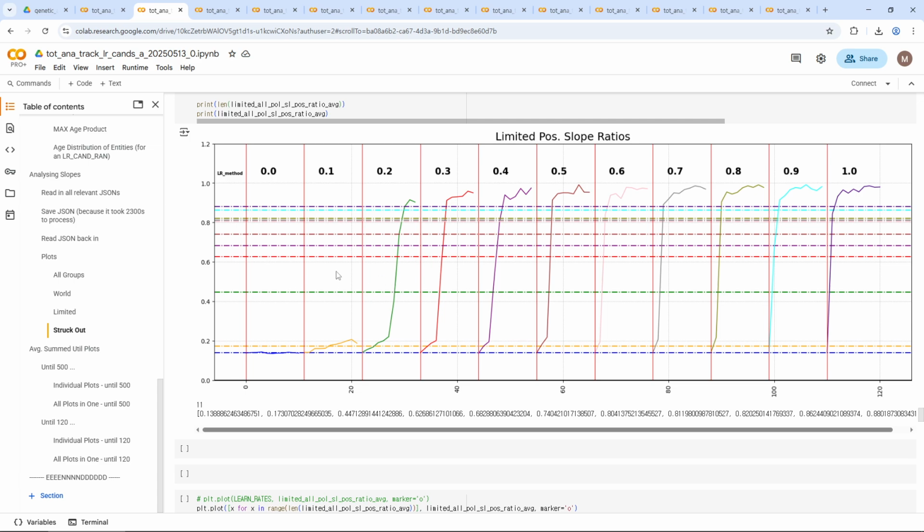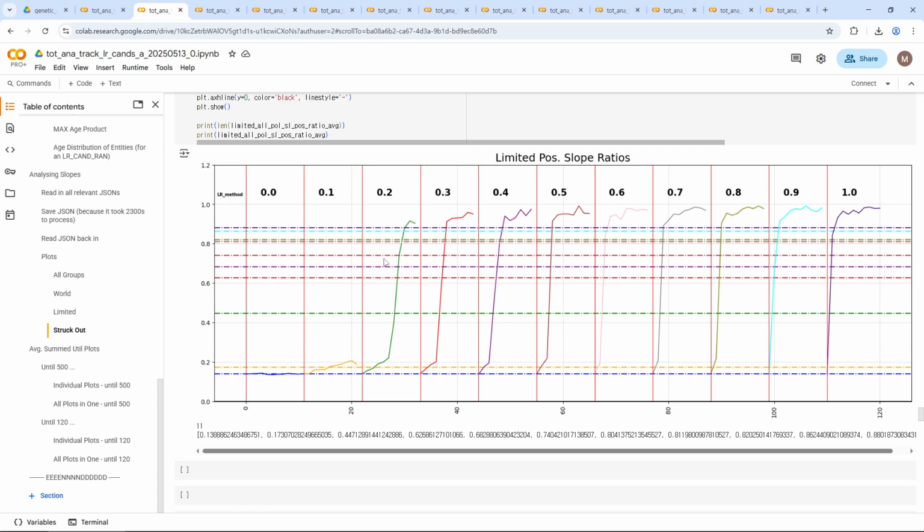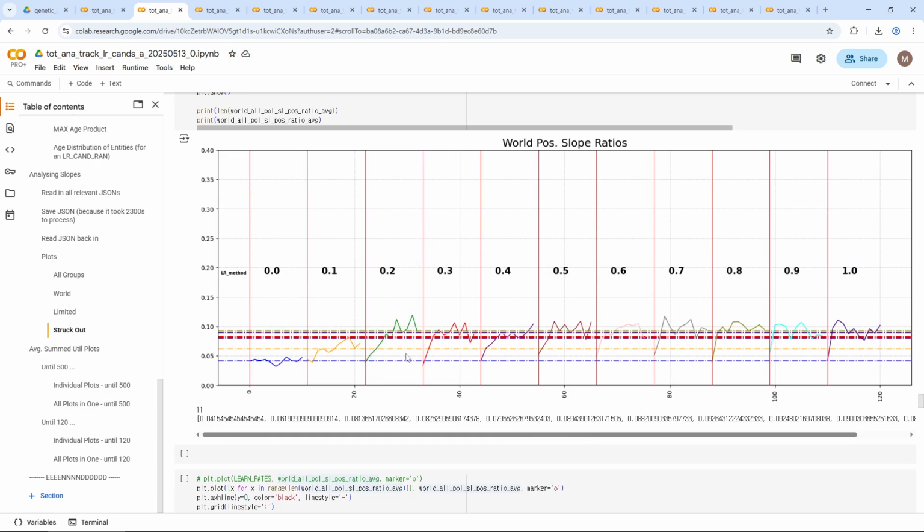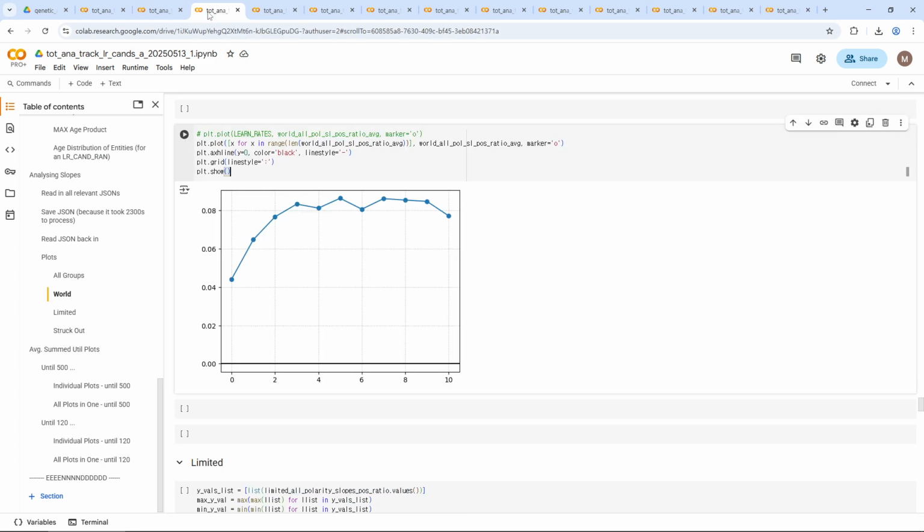Of course, things have been exaggerated here as well, but if you look here, all these 9 learn rate results look similar. However, 0.0 and 0.1 look different. But 0.1 and 0.2, these two look more different than these two. So my point still stands.